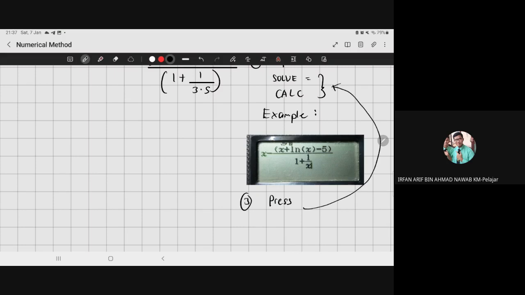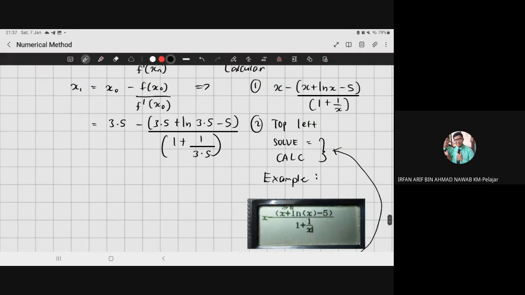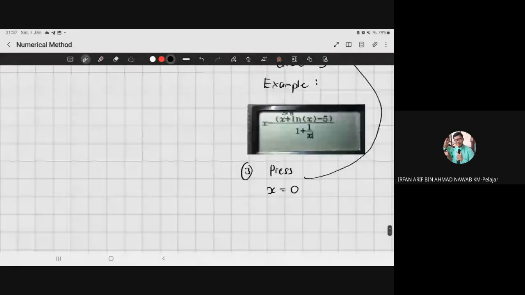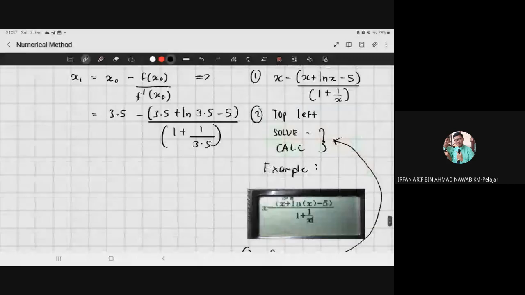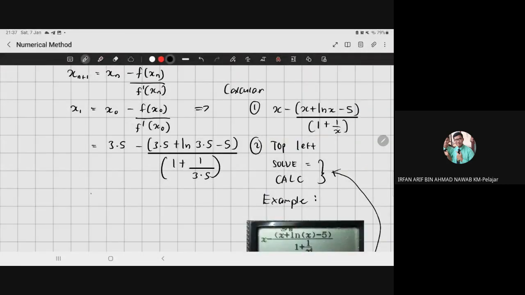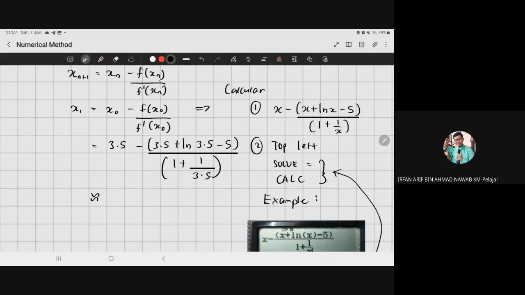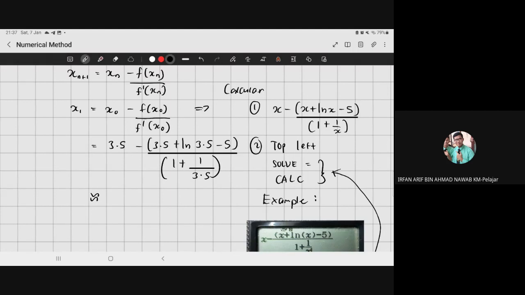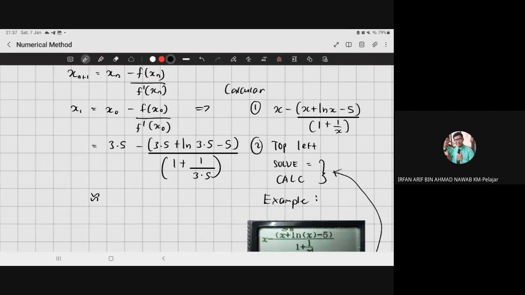All right, and then you will get x equal to 0. From here, just enter your value, which now is 3.5. Before I do that, write down up until 4 or 5 decimal places.